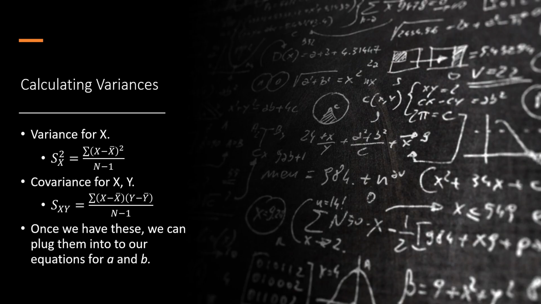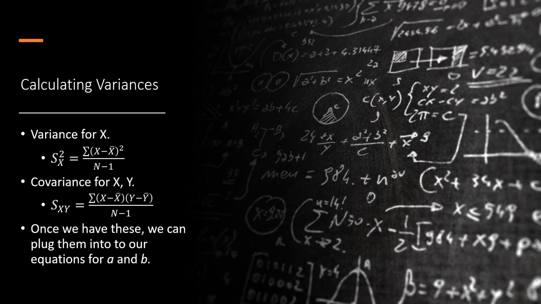So let's talk about calculating those variances and covariances. The variance for x is calculated like most variances. It's going to be the sum of x minus the mean for x, squared, and we're going to sum all those up, divided by n minus 1. Remember that x is the individual data points for our independent variable, and x bar is the mean for our independent variable.